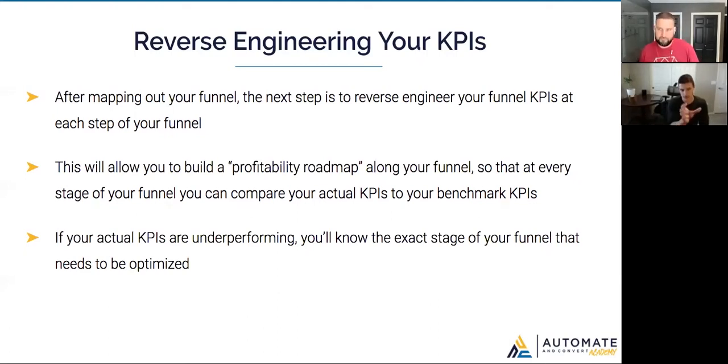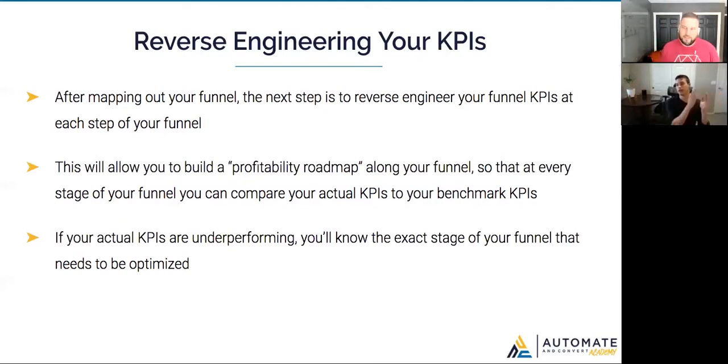So this is a really great point that I didn't mention: let's say you've been running a campaign for 2 weeks and it's not profitable. There are 700 things that could be causing that funnel to not be profitable. If you don't know what your KPIs roughly need to be at each stage of the funnel, you're not going to know where to start, right?